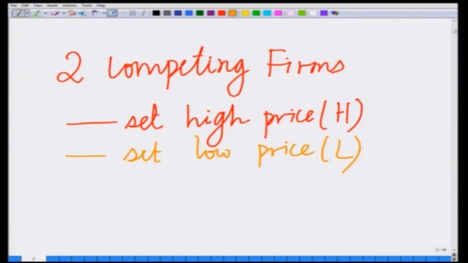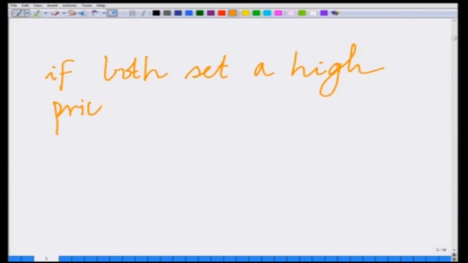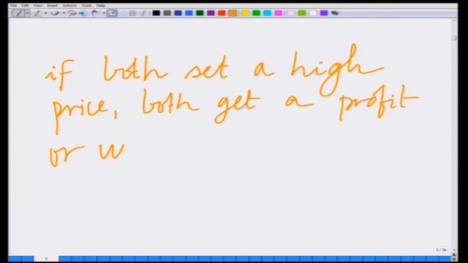If both set a high price, both get high profits, let us say both get 500 each. If both set a high price, both get a profit or utility of 500 each.